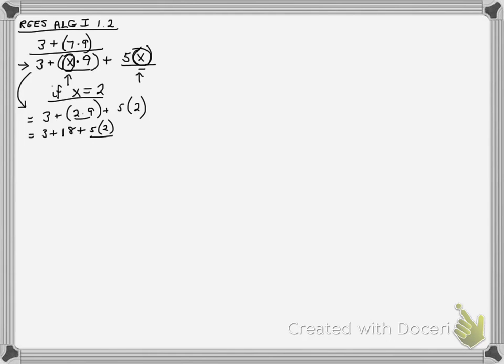This looks like a parenthesis too, but anytime you see a 5 before a parenthesis or a number before a parenthesis, it means multiply. So this would be 3 plus 18 plus 5 times 2 is 10. Now we're going to add from left to right, 21 plus 10. 21 plus 10 is 31.